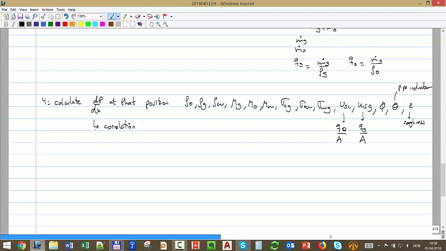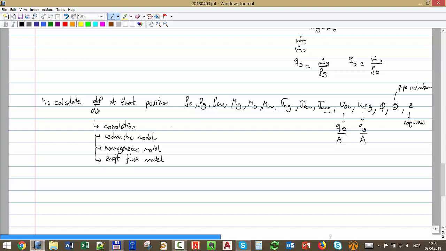I can use what I call a mechanistic model, where I try to make a force balance and see which flow pattern is the most likely. Or I can use some simplified models, just like the homogeneous model, or for example the drift flux model.